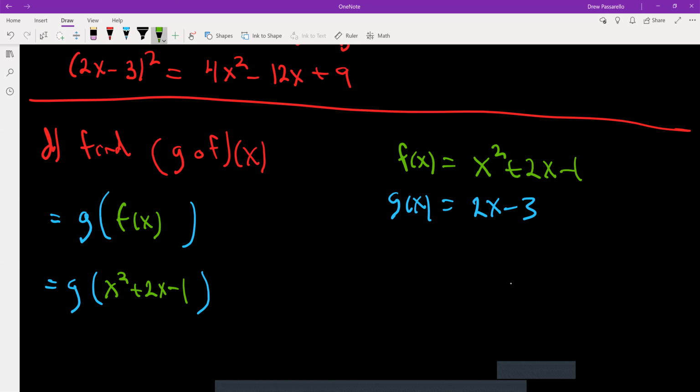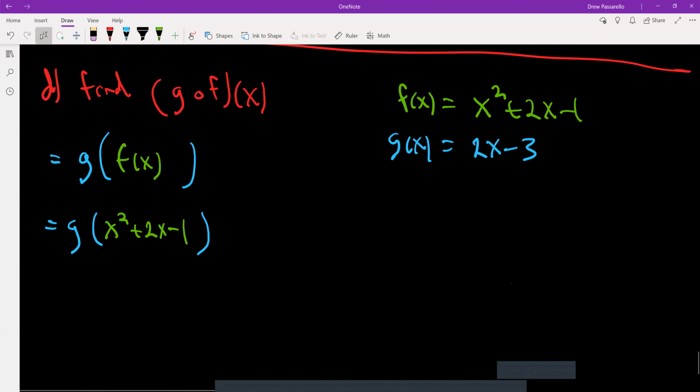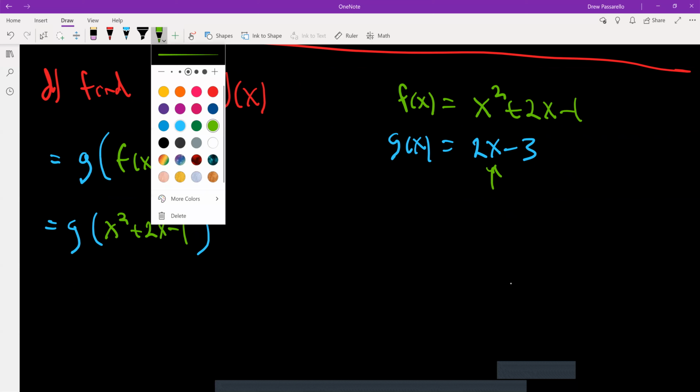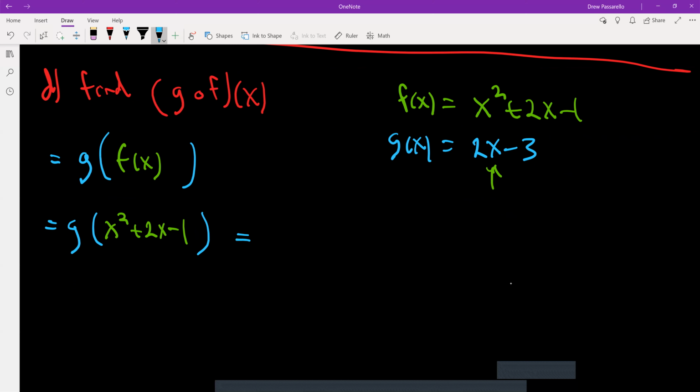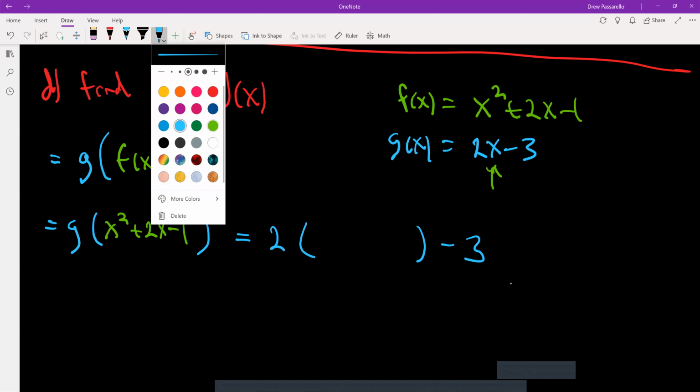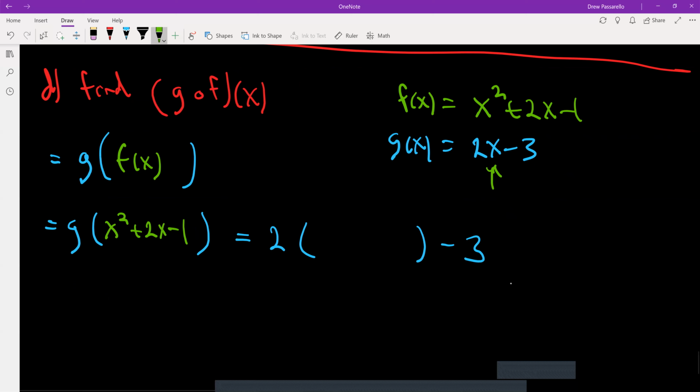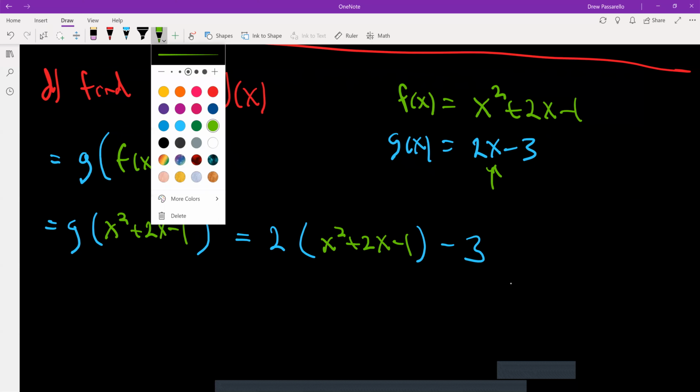All right, and I plug this whole thing in for x. So where I see x right here, that's what I'm plugging in, the x squared plus 2x minus 1. So that's going to equal, so I do 2 times something and then minus 3. And that something is what's in green, f of x. So it's x squared plus 2x minus 1. All right, then I just go about simplifying it.